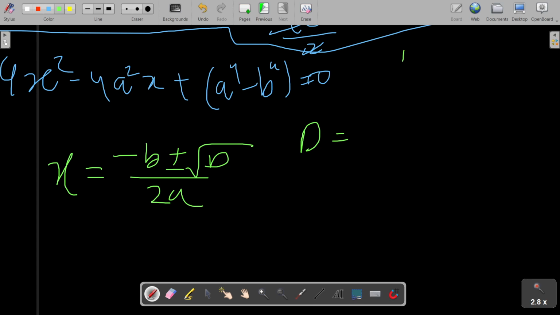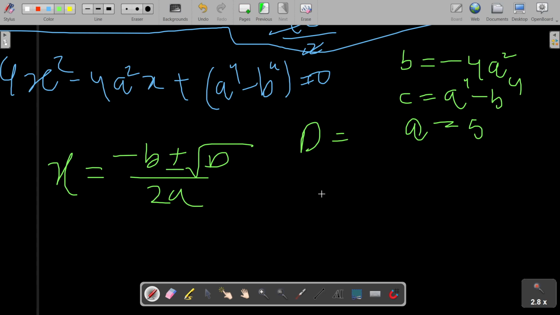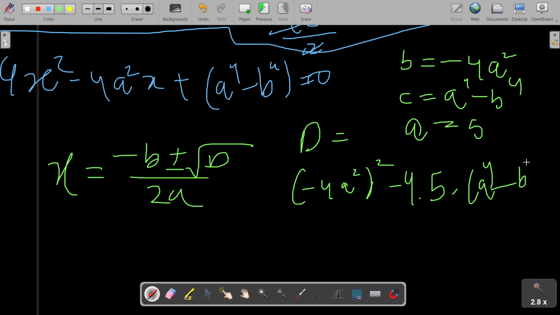So here b is minus 4a squared, and c is a to the 4 minus b to the 4, and a is 5. So b squared is minus 4a squared, whole squared, minus 4 into a, which is 5, and c is a to the 4 minus b to the 4.